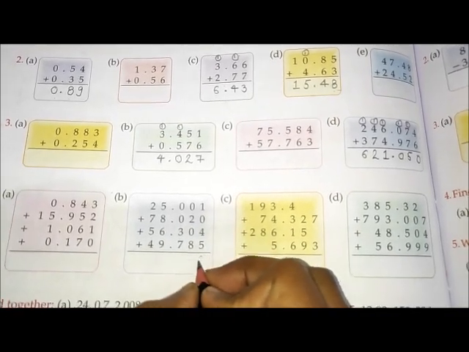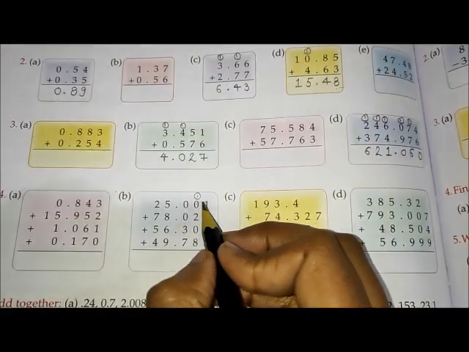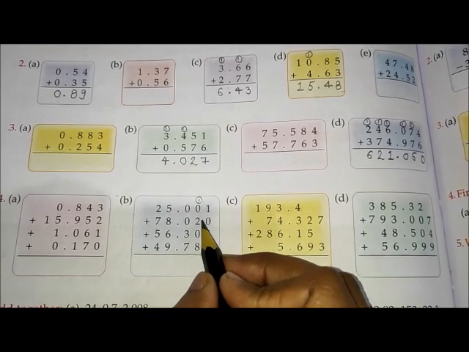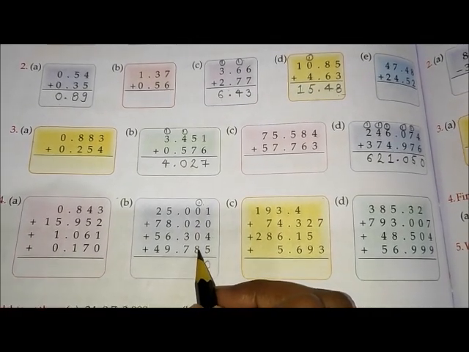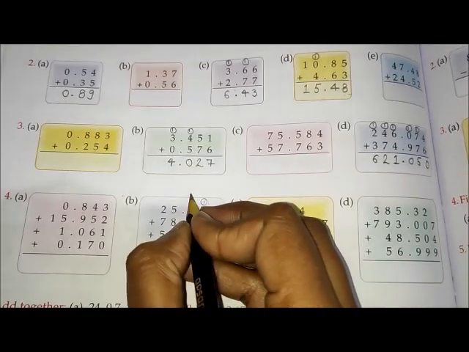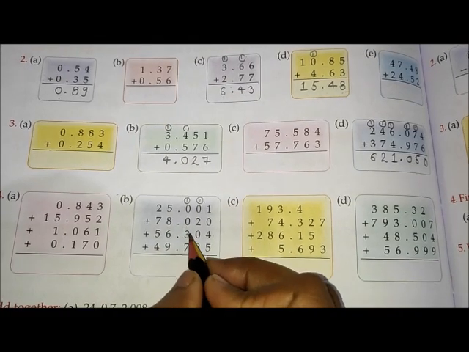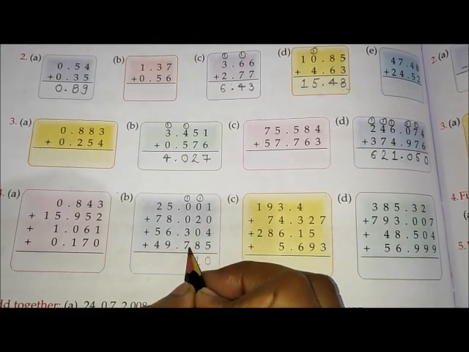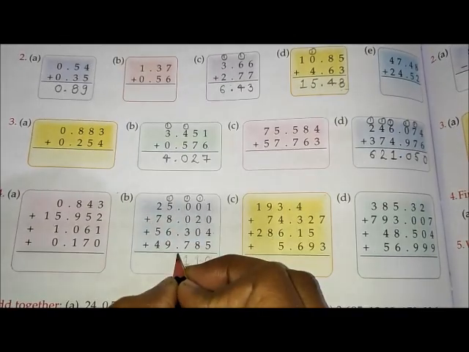5 plus 5, 10. So 0 here, 1 will be carry forward. Then 0 plus 1 is 1. Plus 2 is 3. 3 plus 8 is 11. 1 here. 1 carry forward. So यहाँ zeros ही है. So 1 plus 3, 4. 4 plus 7, 11. So 1 here. 1 carry forward.